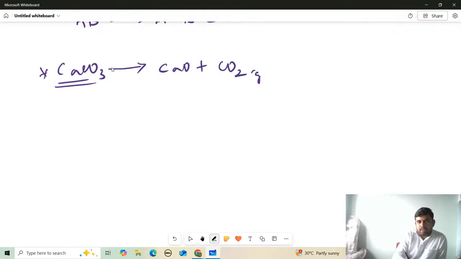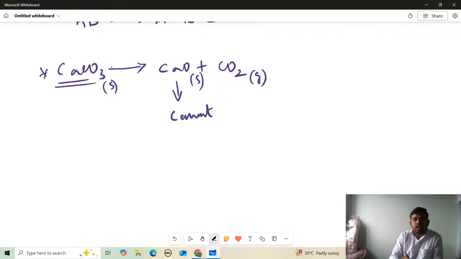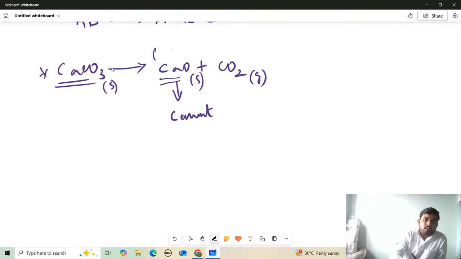Remember, calcium oxide is a solid, and it will be used in the manufacturing of cement. The hint: compound X is produced, which is used in the cement industry. Then X is nothing but calcium oxide, also called quicklime. Quicklime they will call this, while CaCO3 is called limestone, remember. This is a decomposition reaction.